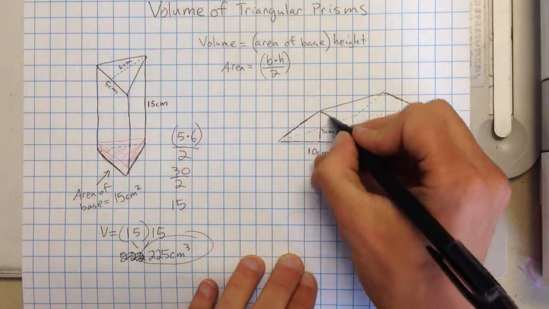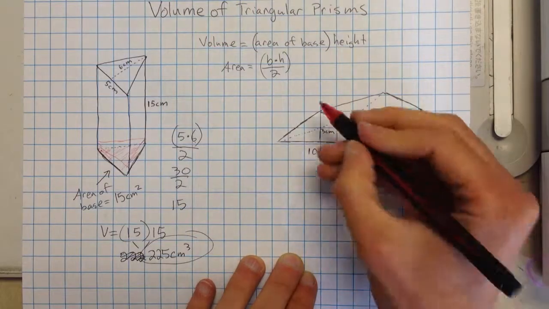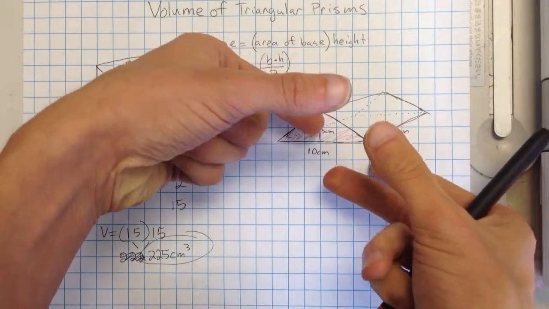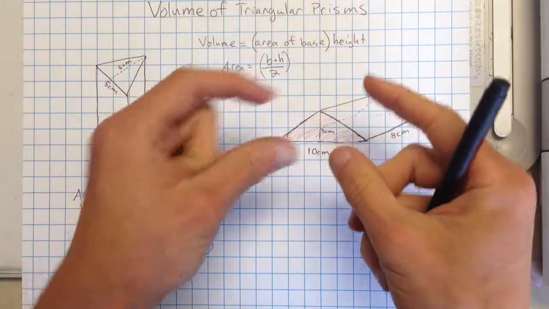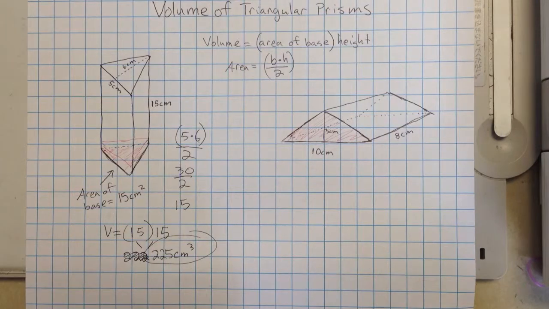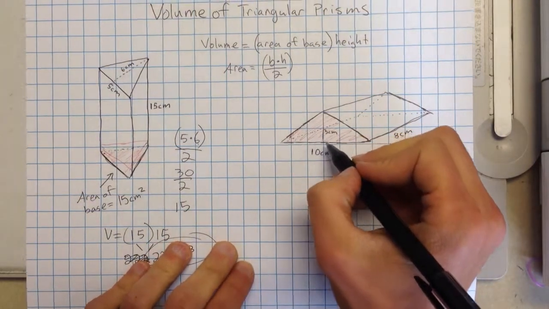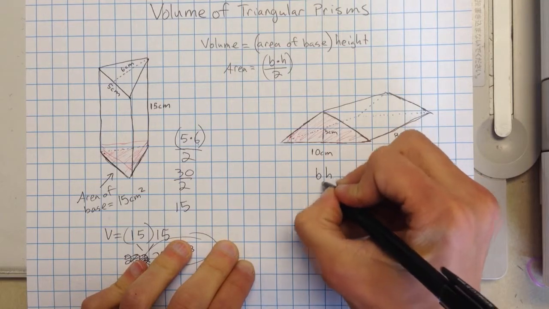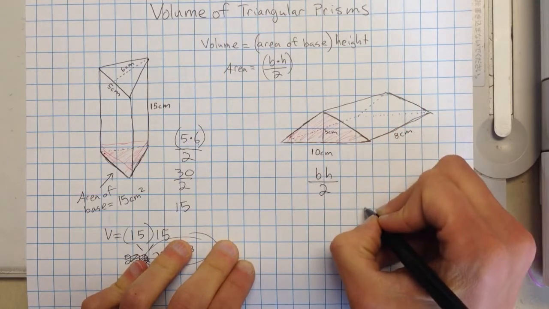So we're going to use this right here. This is going to be our triangle that we're going to find. You can almost think about it like you're taking this piece and flipping it upright, so it's in a shape like this. If you put the triangle down, that would be the base. So we're going to find the area of this triangle right here. I'm going to use my equation: base times the height divided by 2.